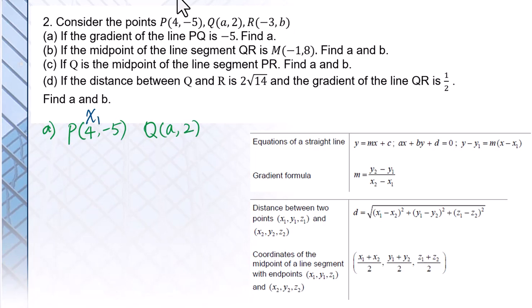Let's label x1, y1, x2, y2. We will use this formula for gradient or slope.